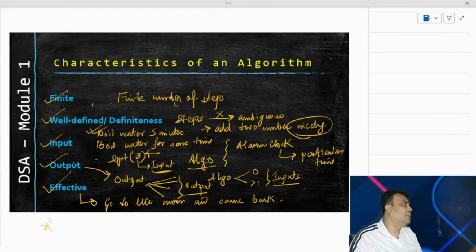Hence, the step is not effective enough to be reproduced as a computer instruction. What is effective is 1 + 2 = 3. That is well defined and executable by a computer system. That is something we will call effective, which can be executed in a proper manner by a computer system.